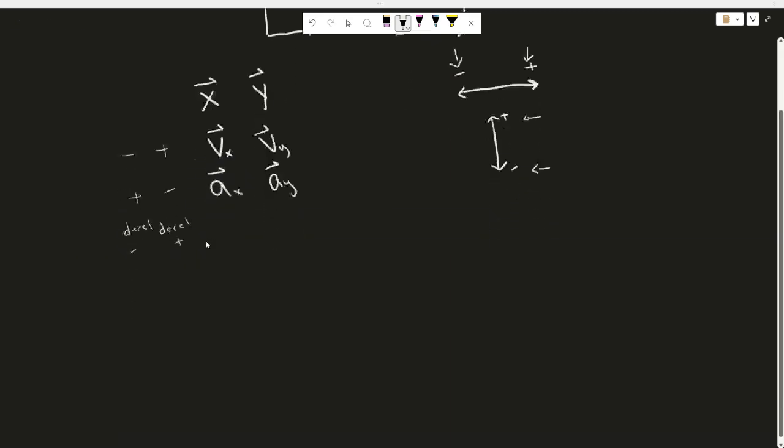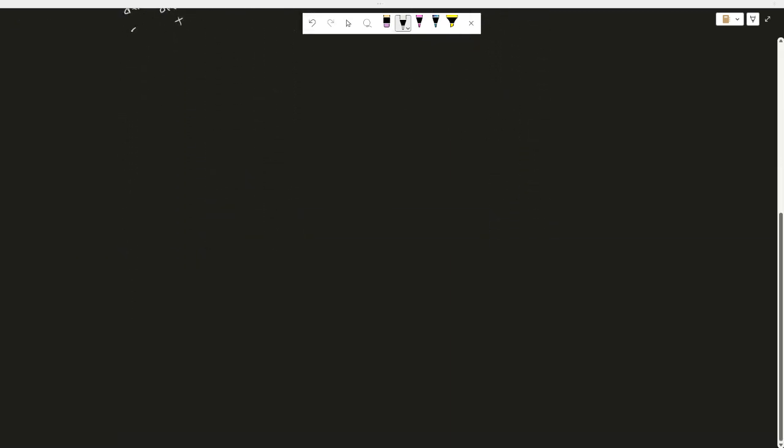Let's start with our position instead, before we get too complicated. So if I have a position vector, let's say I'm on a street, and I want to go 3 blocks to the right, and then I go 4 blocks up. Well, how many blocks am I from home?